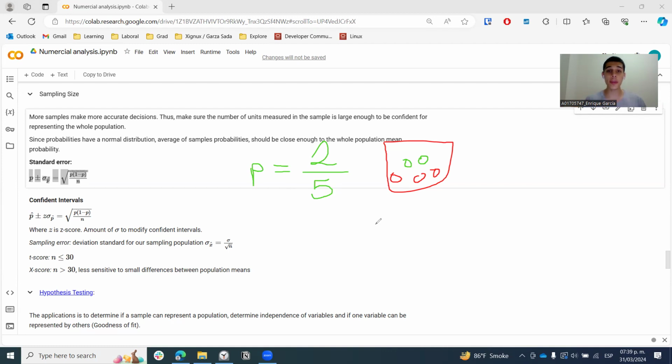So we should do a lot of different tests towards understanding these probabilities.